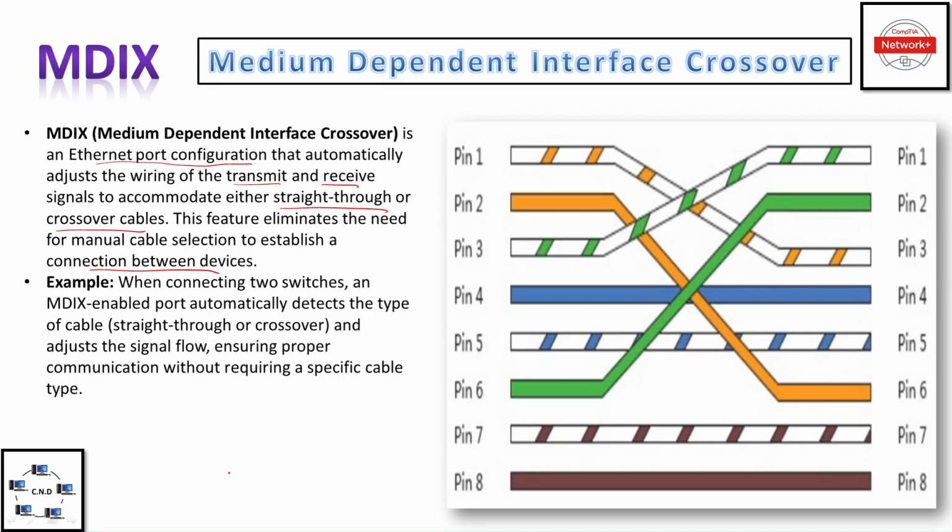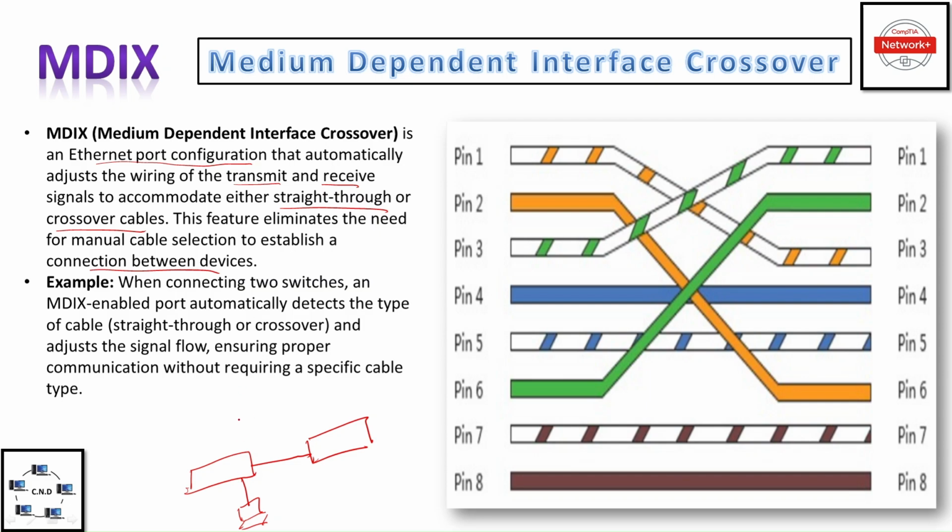So traditionally, we used to use two types of cable, that is straight-through and crossover. When similar devices were connected, for example, switch to switch, we used to use one type of cable, and when a switch was connected to a client, for example, your laptop or PC, then a different type of cable was used.